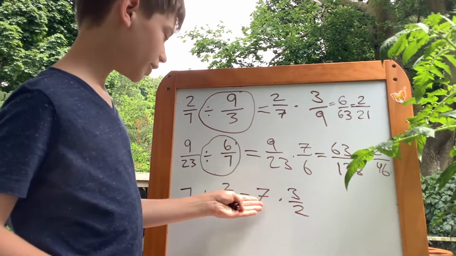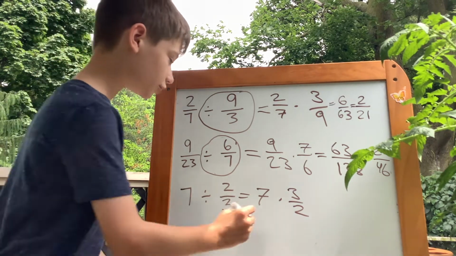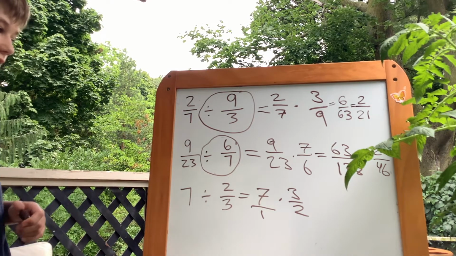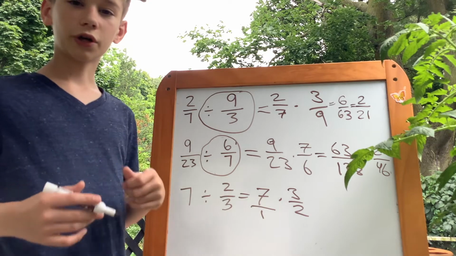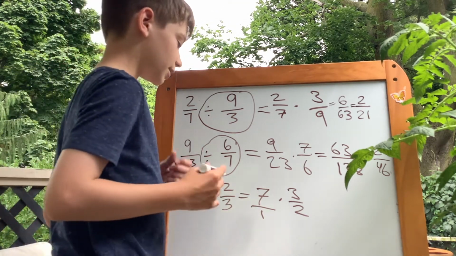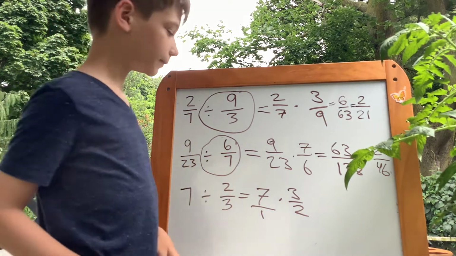But this time we have a whole number. So how can we turn this into a fraction? Well, all we have to do is put it over 1. And the reason we put it over 1 is because the fraction line can also work as division. So 7 divided by 1 gives us 7. So the number does not change, so thus we can put it over 1.